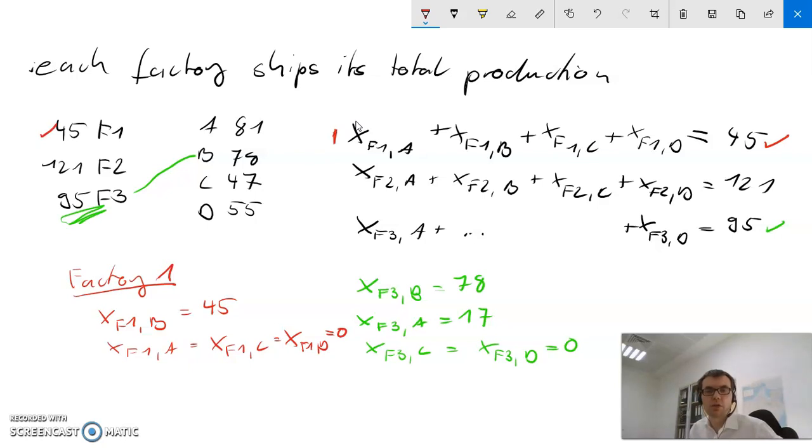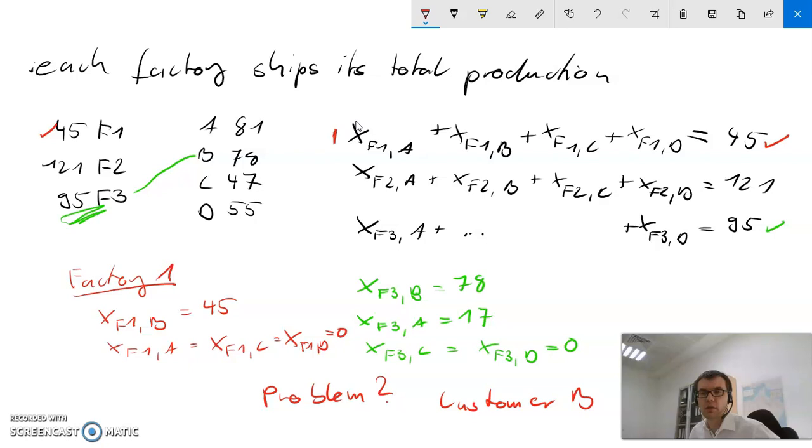But now, what is the problem of this solution? We fulfill the first constraint. We would fulfill the constraint number 3. However, if we look at what is arriving at our customer B, we already have 78 units from factory 3 and an additional 45 units from factory 1.